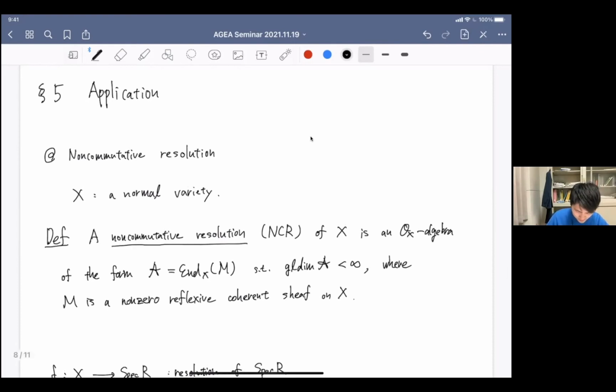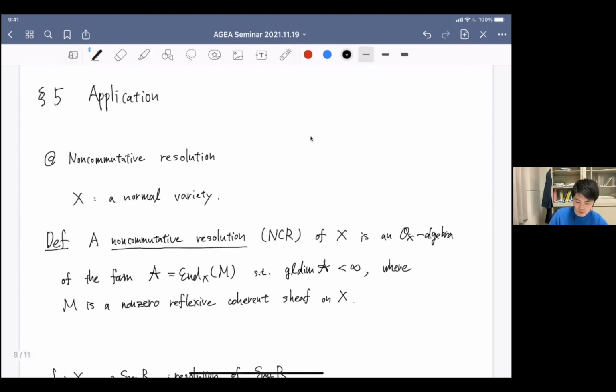Then a non-commutative resolution, which is abbreviated by NCR, of X is an OX algebra of the form sheaf of endomorphism algebras of some M, such that the global dimension is finite. And here, M is a non-zero reflexive coherent sheaf on X.